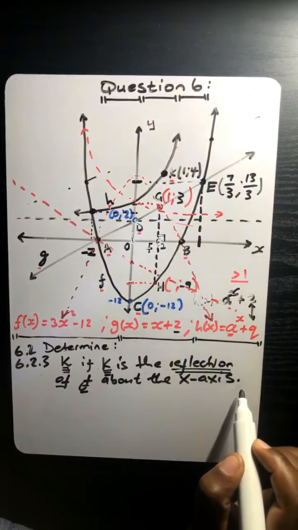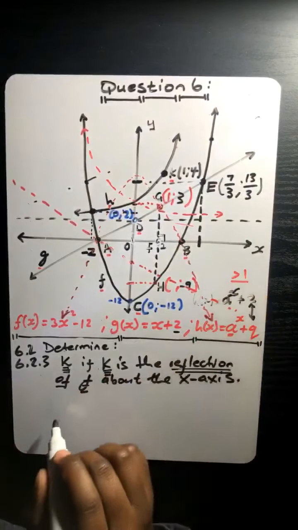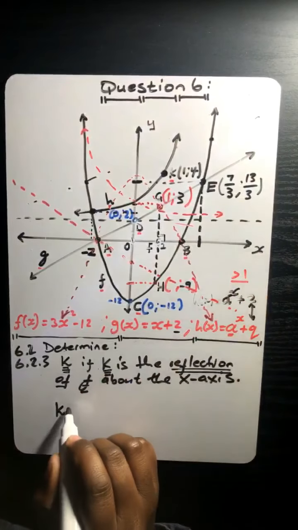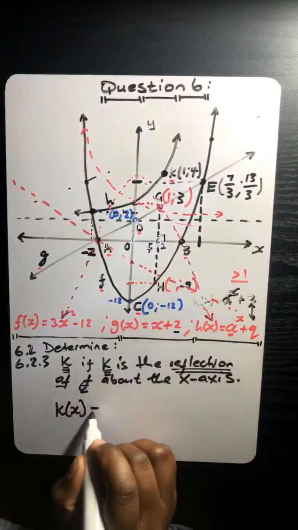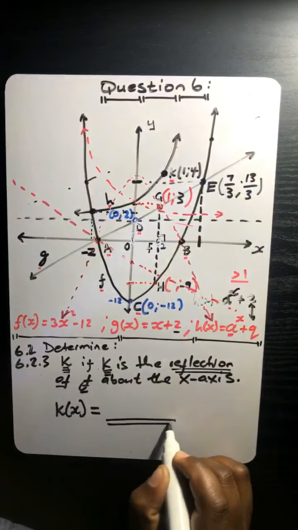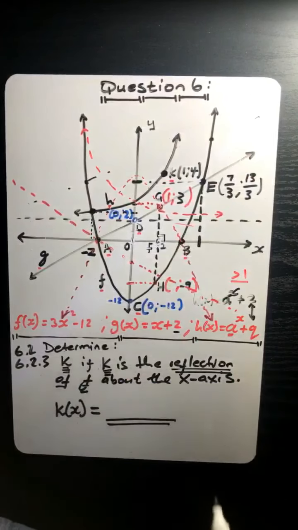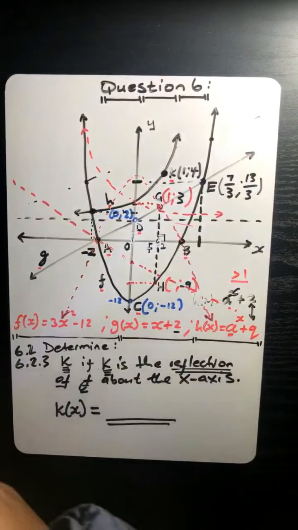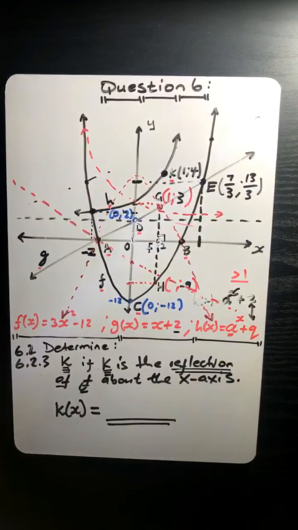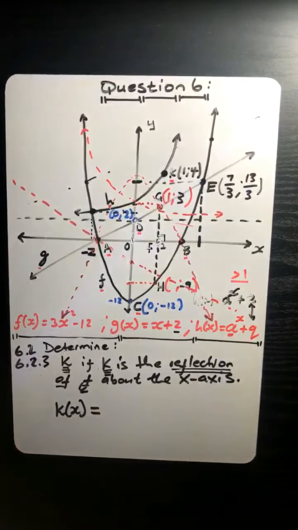Therefore, we represent that function of a reflection as k. So it's more like we are saying k of x is equal to whatever, and whatever that we give is actually the reflection of f about the x-axis. I'm not sure if I lost you guys there. I would like to hear if you would like another explanation on that.